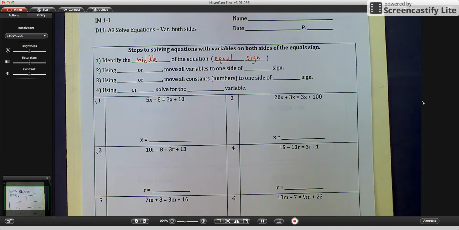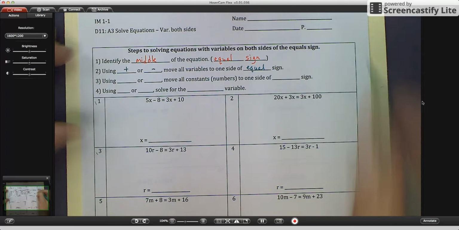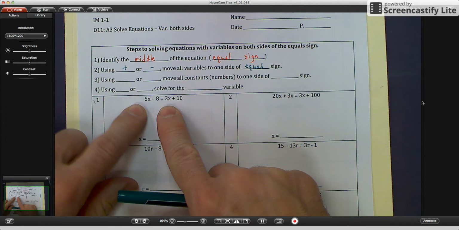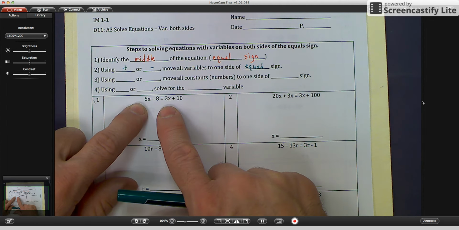The second line says, using addition or subtraction, move all variables to one side of the equal sign. So if we have variables on the left and the right, like we do here, 5x and 3x, we have to move one of them to the other side. Step 3 is using addition or subtraction again, move all constants or numbers to one side of the equal sign.